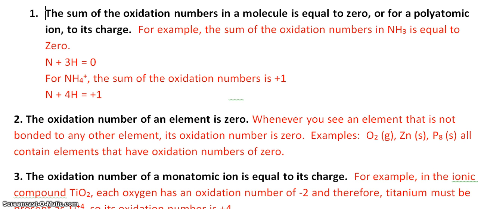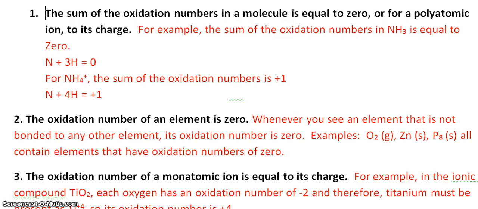So you've seen some of these examples, specifically in single replacement reactions, which are all redox reactions. Oxygen gas, O2, all the diatomic molecules, that's their elemental state, and the oxidation number of each oxygen in O2 is 0. Whenever you see a metal all by itself, not in an ionic compound, then its oxidation number is 0.